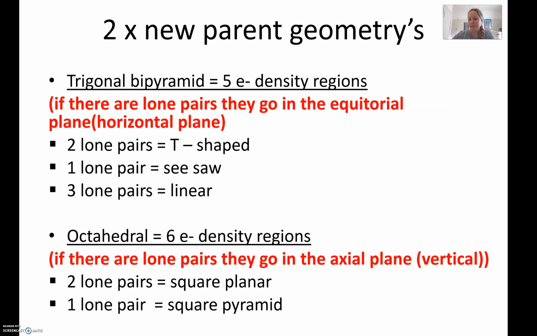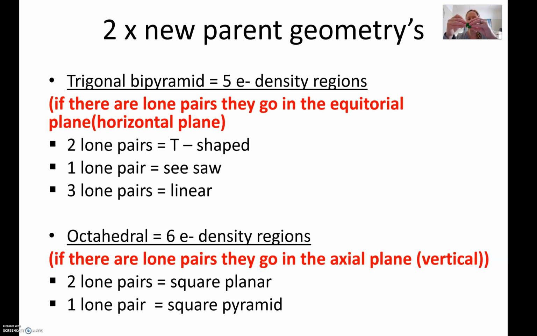So now there's a second shape I'd like you to make. You're going to get your next ball, and you are going to make for me 1 bond up and down, in the axial plane, and then 4 bonds in that middle plane. And because there's 4 bonds, they look like a 90-degree angle to each other.